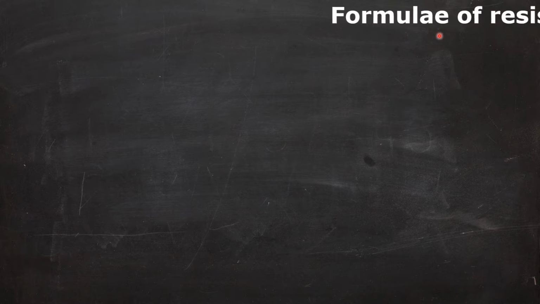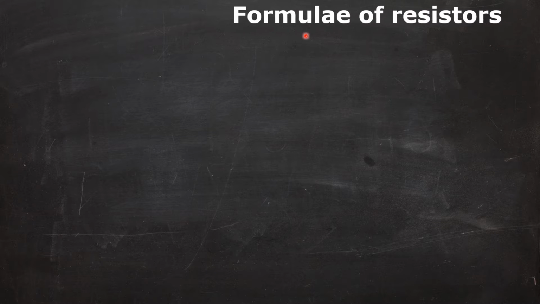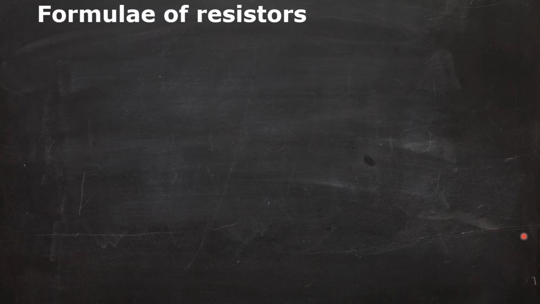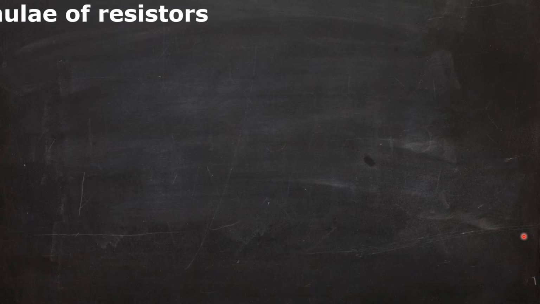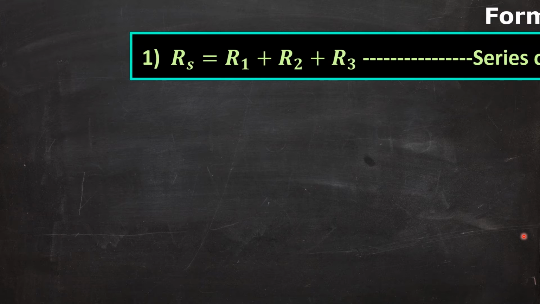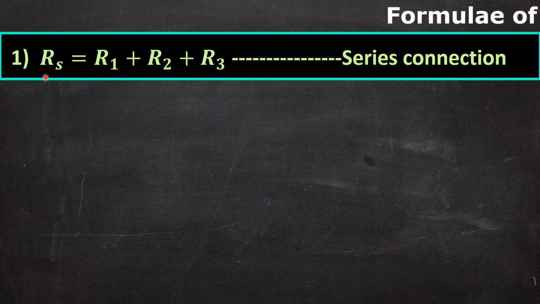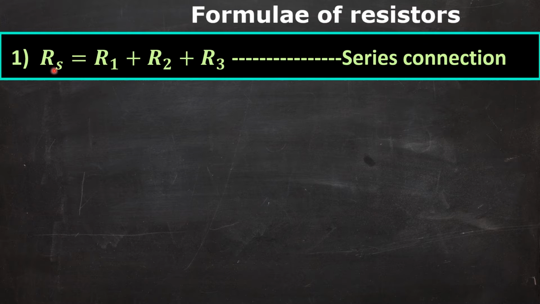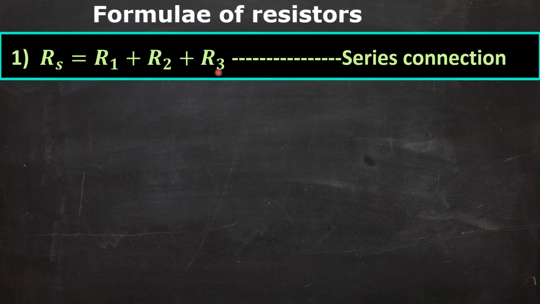Now I put all the formulae together. Formulae of resistors. Whatever we have seen so far, I am putting together here. First one is Rs, equivalent resistance in series connection. Rs is equal to R1 plus R2 plus R3.